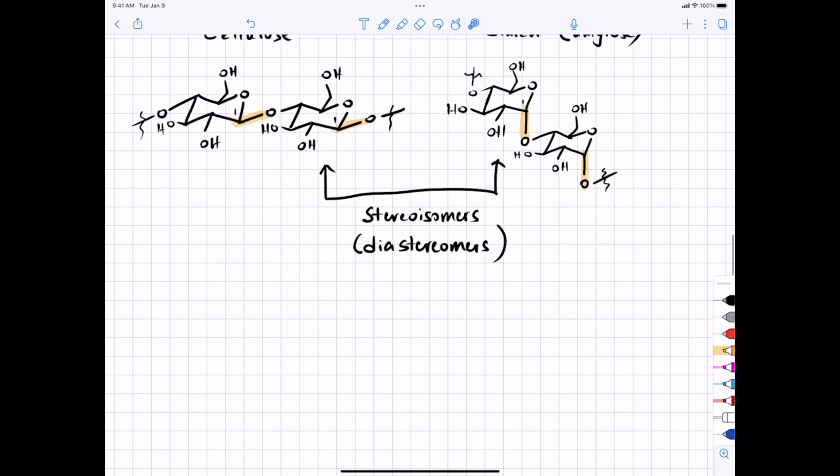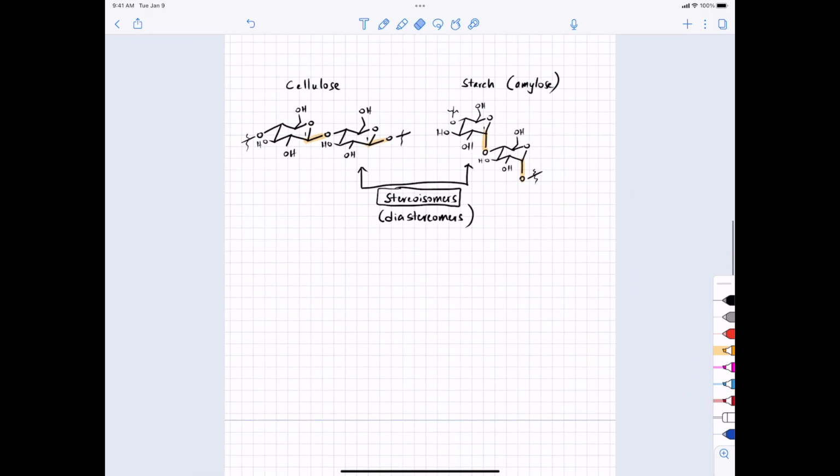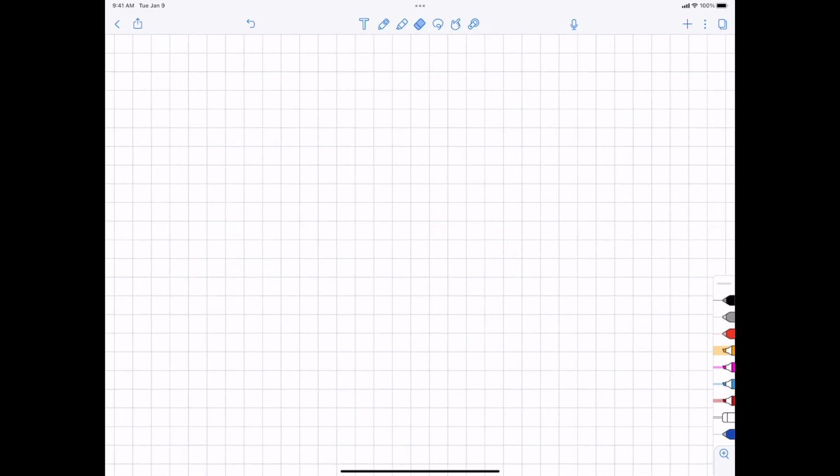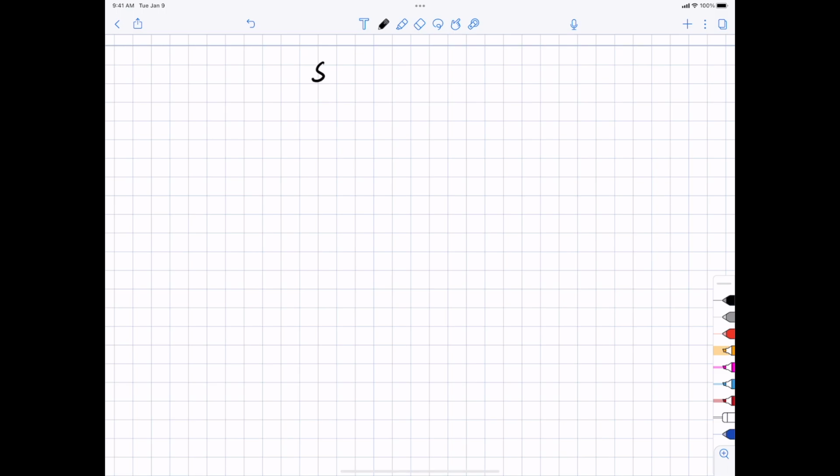So, in the world of stereoisomers, there are only two kinds. Actually, I'm afraid that you're going to apply what I'm drawing to cellulose and starch, which is not my intention. So, stereoisomers come in two different flavors and only two.